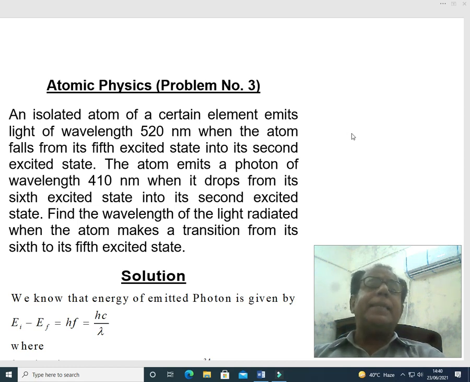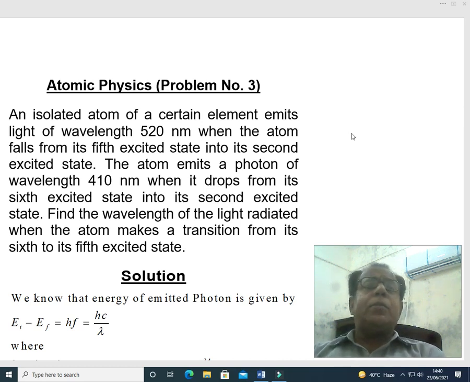That is E6 minus E2. Find the wavelength of the light radiated when the atom makes a transition from its sixth to its fifth excited state.